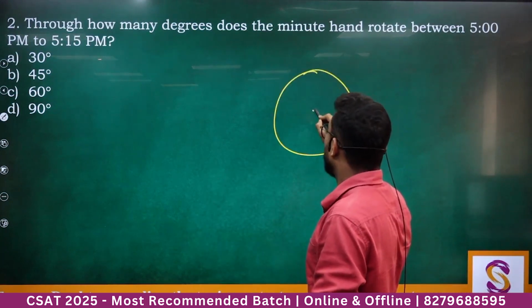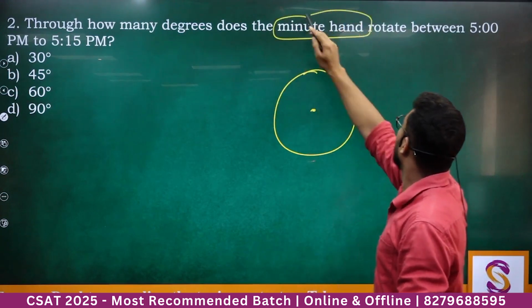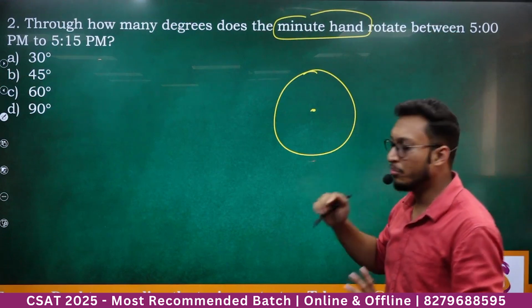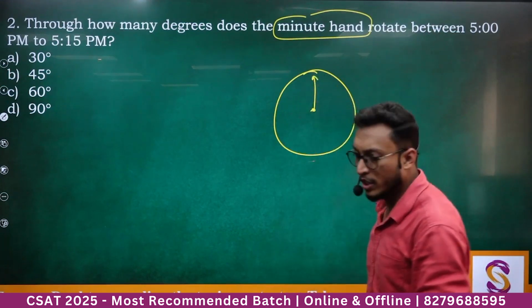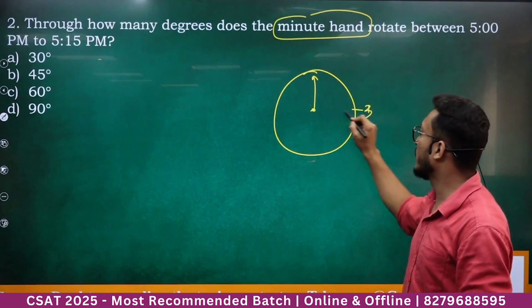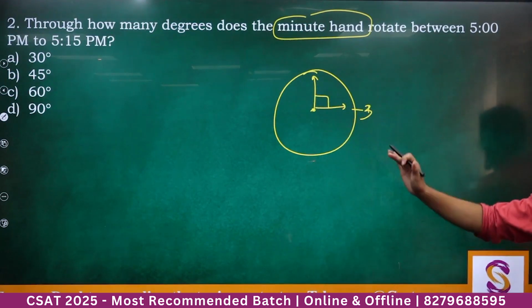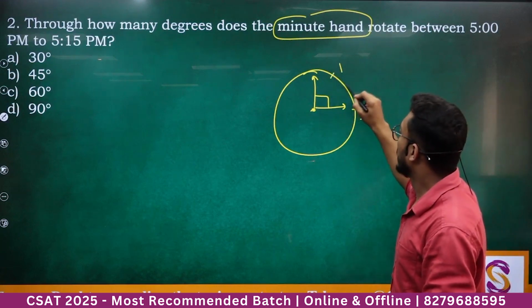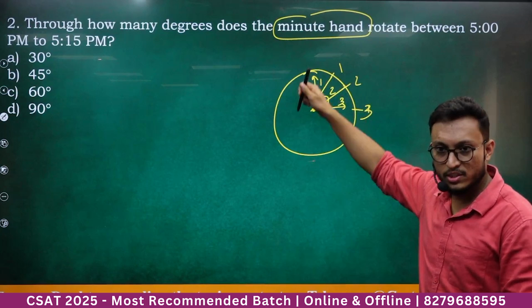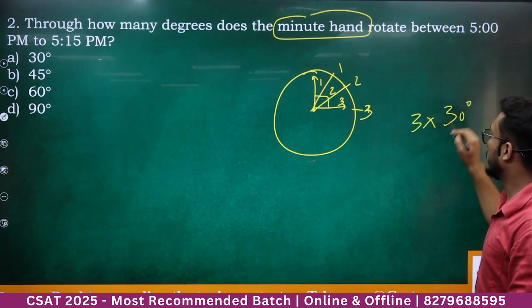Through how many degrees does the minute hand rotate between 5 to 5:15 p.m.? So we need to focus only on minute hand. Initially minute hand was at 12. Finally it will be at 5:15, it will be at 3. So it has rotated by 90 degrees. It has rotated total 3 sectors, each sector of 30 degrees. So total 90 degrees.